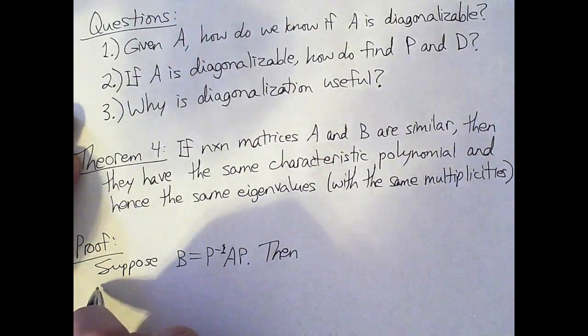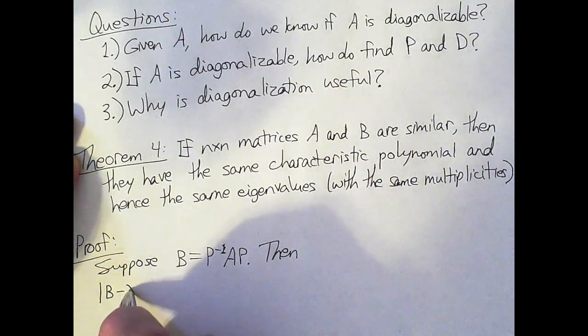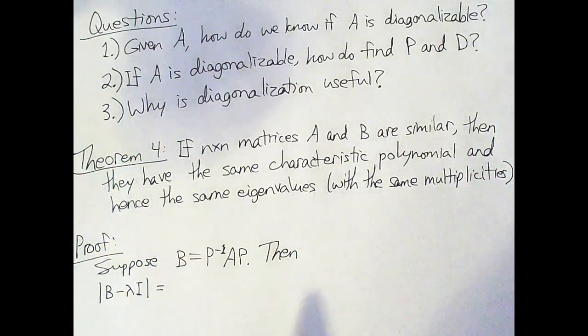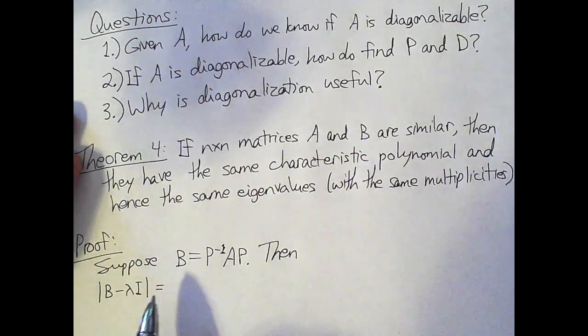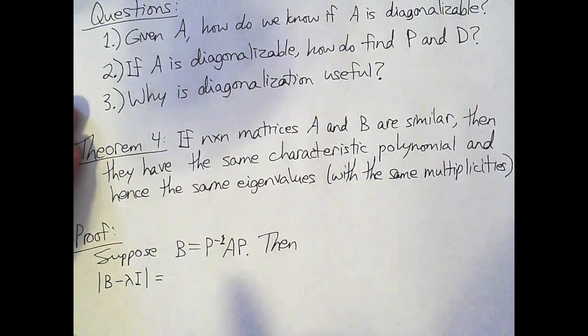Then let's start with the determinant of B minus lambda I, because that is going to be the characteristic polynomial of B. So ultimately I'd like to show that it equals the characteristic polynomial of A. All right, so we'll show some steps here. This equals something, equals something, and we're hoping to arrive at the determinant of A minus lambda I.